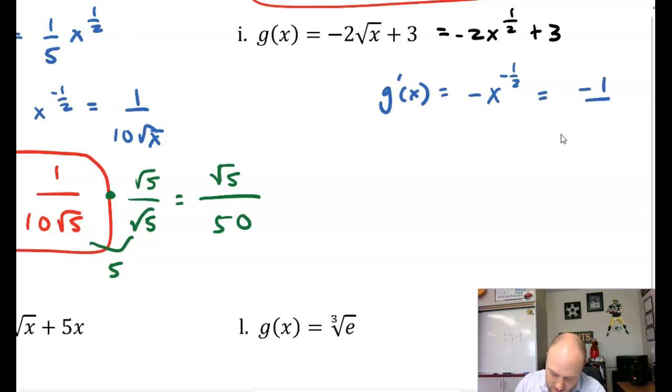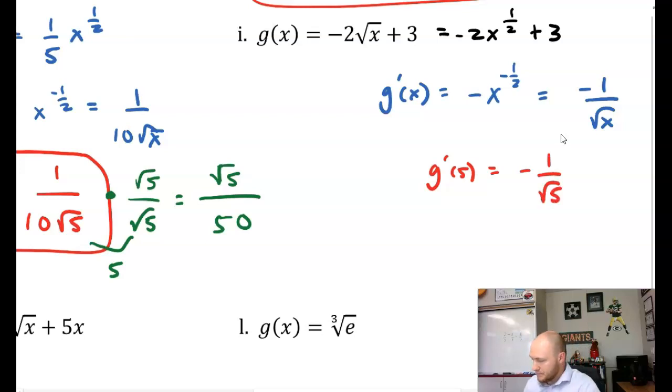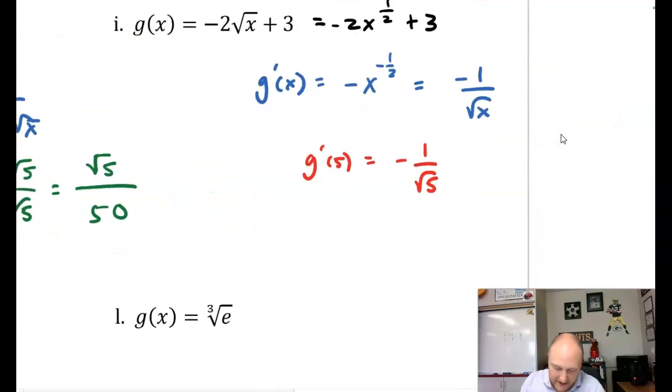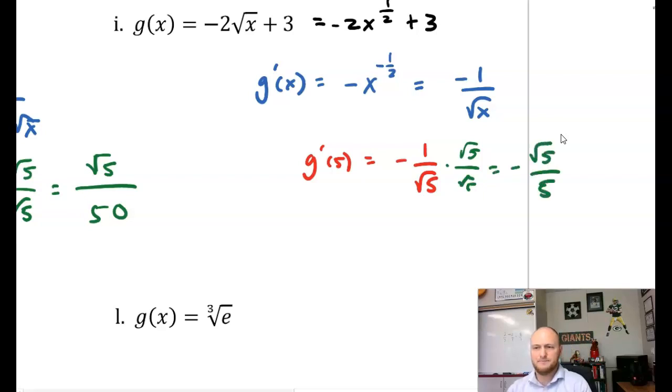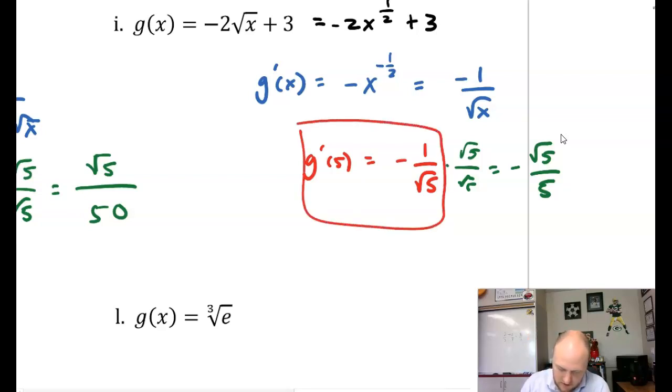So this would be -1 over the square root of x. And then checking G prime of 5, we get -1 over the square root of 5. Okay? And again, if it's rationalized, you may see it like this, -√5 over 5. For the most part, this is going to be fine. But on multiple choice questions, you may see it like this.